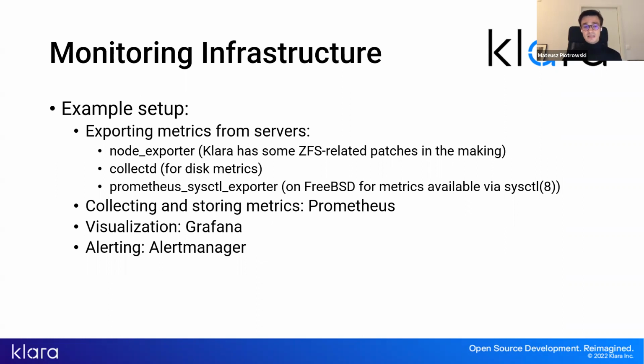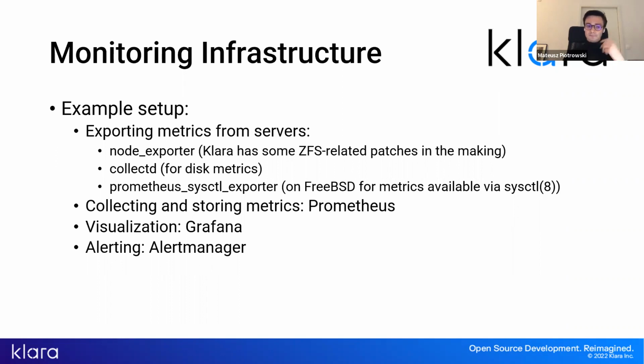We have some ZFS-related patches in Klara in the making to add some more metrics to that. They should be published soon. For disks, however, we tend to use collectd, because I think on FreeBSD, Node Exporter does not offer the right metrics we would like to see.